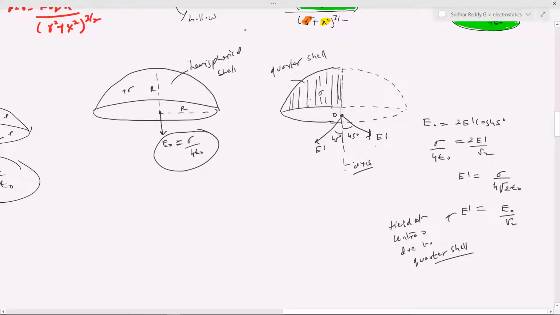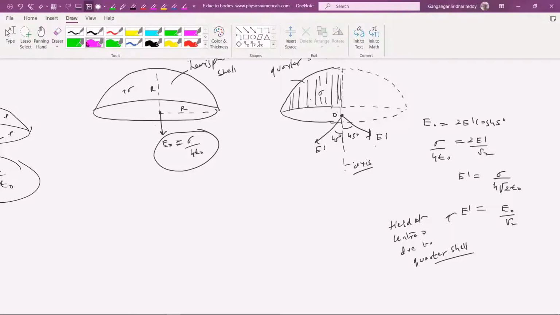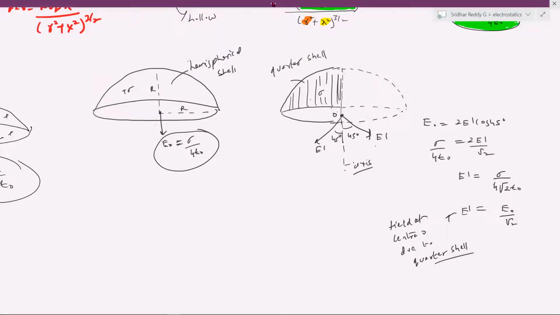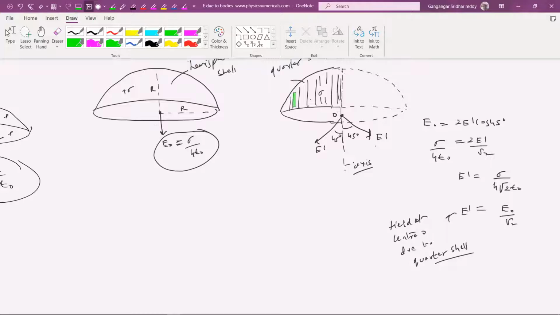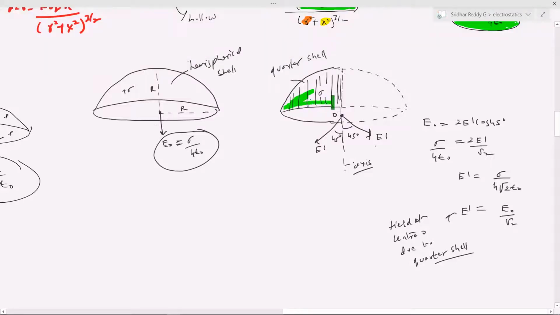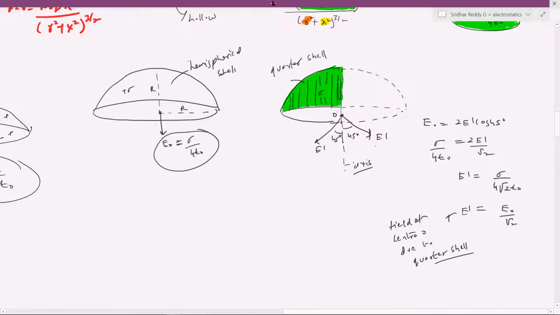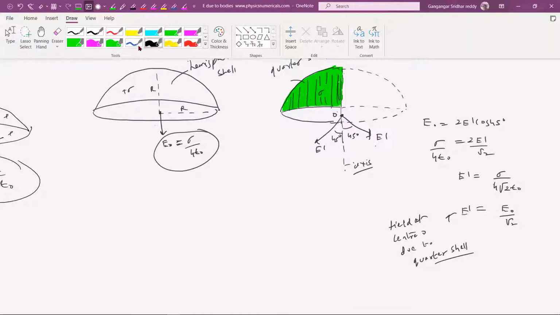These are the types of problems you can expect. I'm trying to explain what you mean by quarter shell. Some of you are asking, sir, that we are not understanding it. Fine.